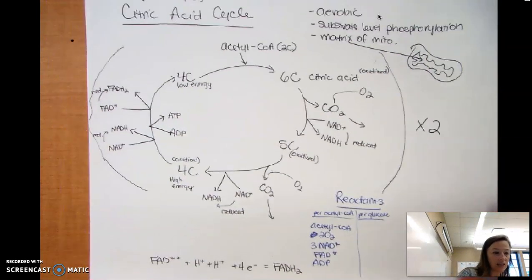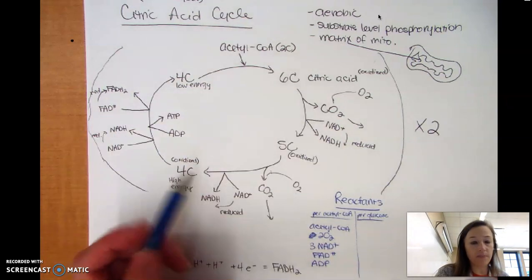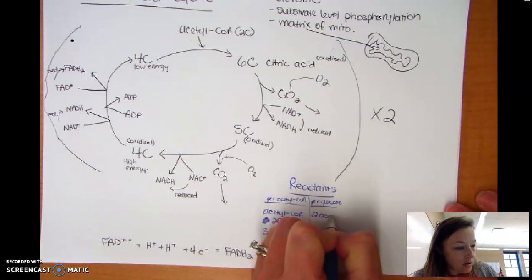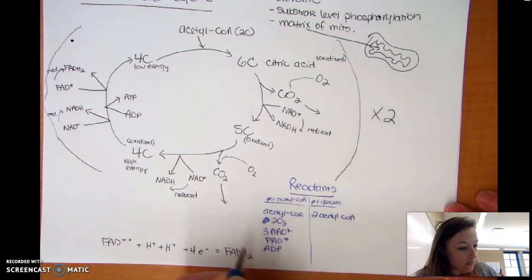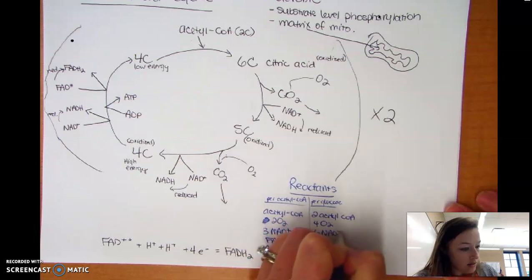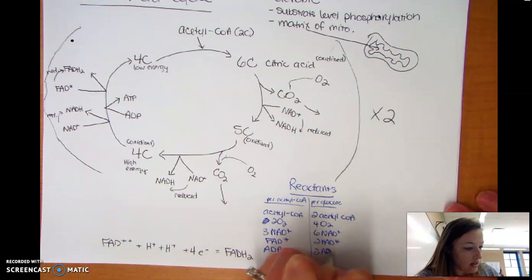Okay, and I think that's it. We're not going to count this as a reactant because it rides through the cycle over and over again. Okay, so that means per glucose we have 2 acetyl-CoA, 4 oxygen, 6 NAD+, 2 FAD, and 2 ADP.